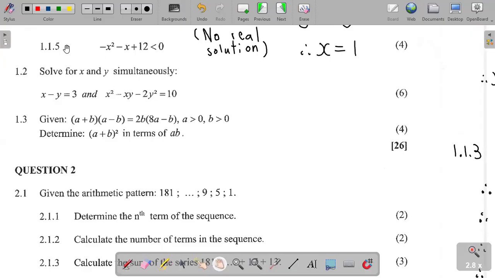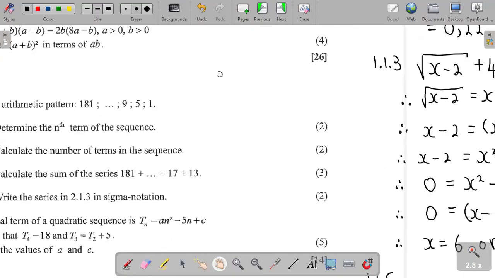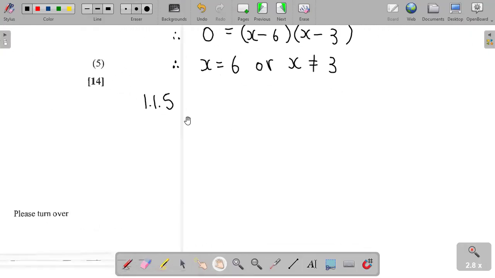So now number 1.1.5. It's going to be negative x squared minus x plus 12 is less than 0.